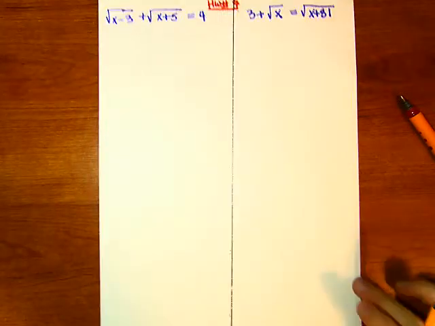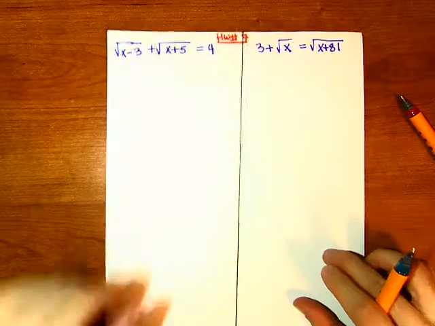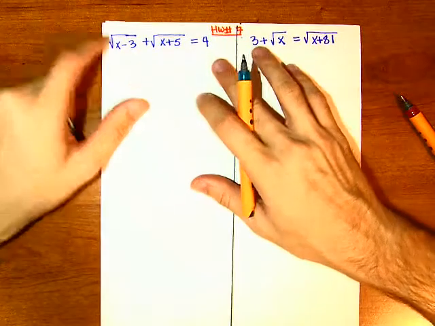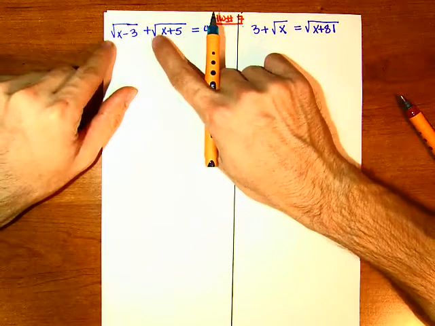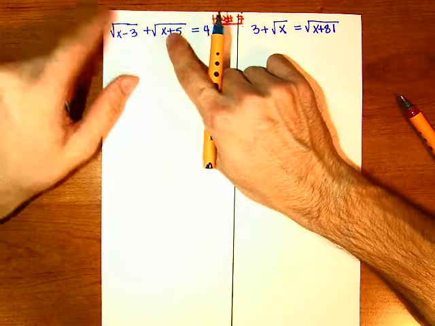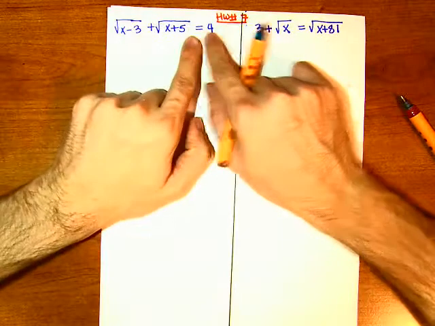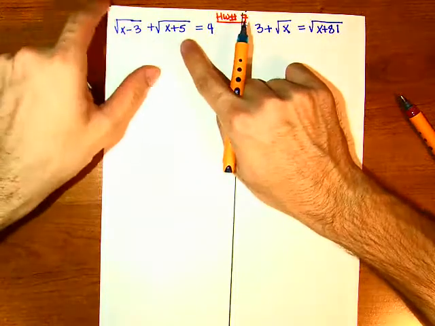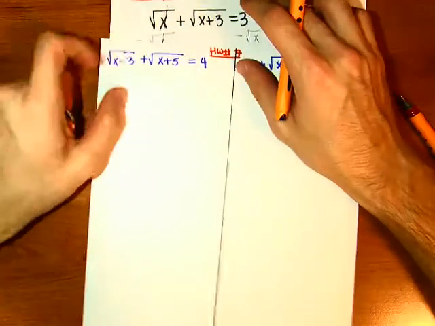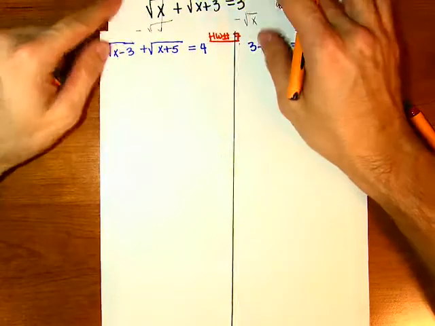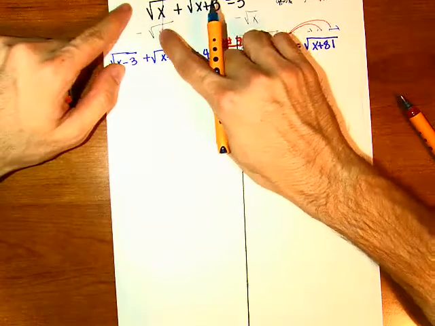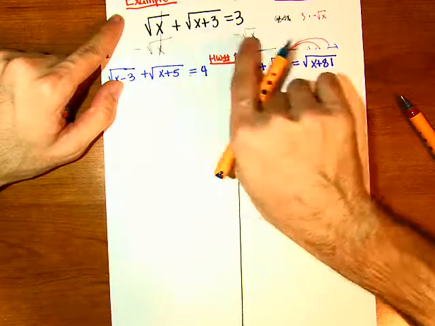The idea is very similar. What I want you to do is try the same strategy here. You see here we have two radicals on one side of the equation. There's a left side and there's a right side, and they're both on the same side. In the last problem we had two radicals on the same side. What did we do? We got rid of one of them by subtracting it to the other side.